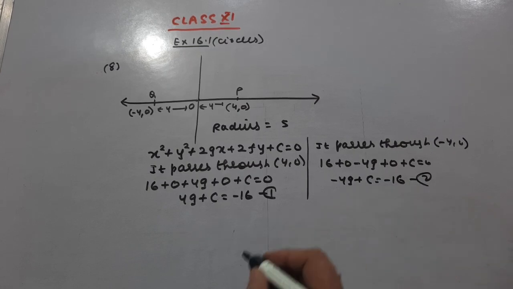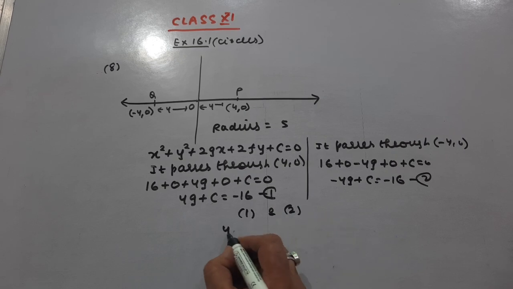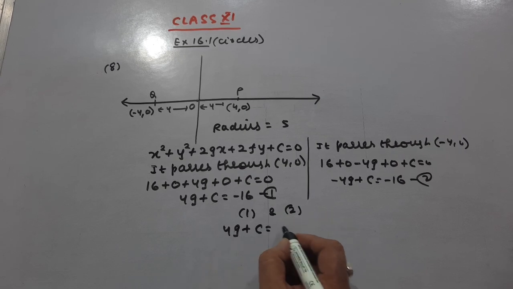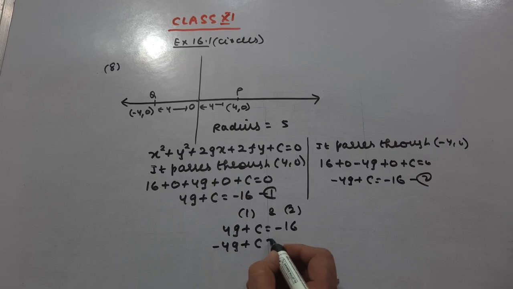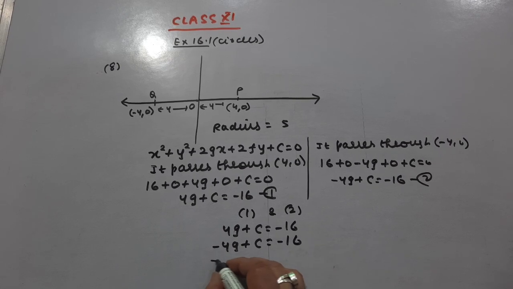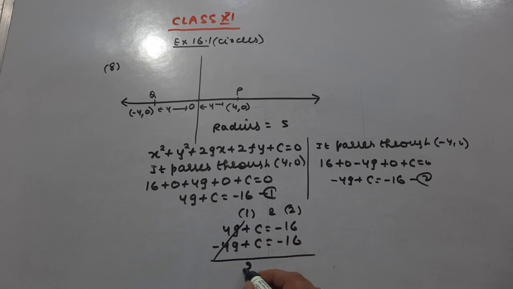This is number 2. From 1 and 2, cancelling 4g with 4g, we get 2c equal to minus 32.